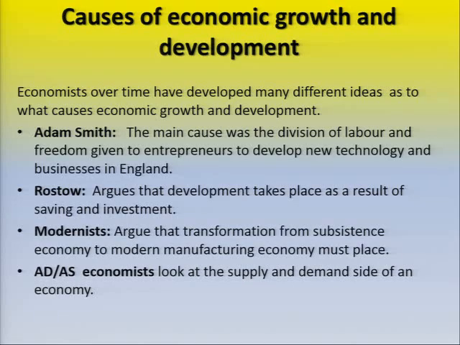Then that will lead to development. And then the modernists, those who believe in the modern economy, believe that a transformation from a self-sufficient kind of economy to a modern manufacturing economy must take place before we can achieve growth.